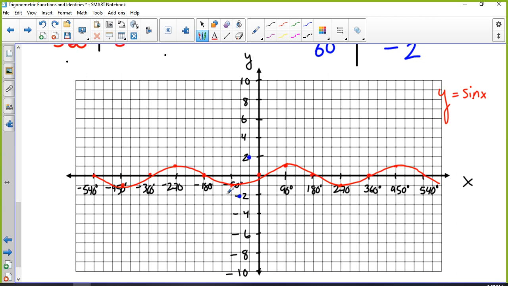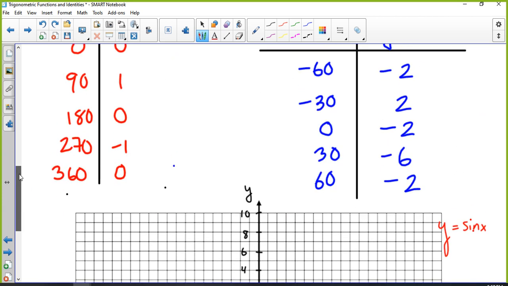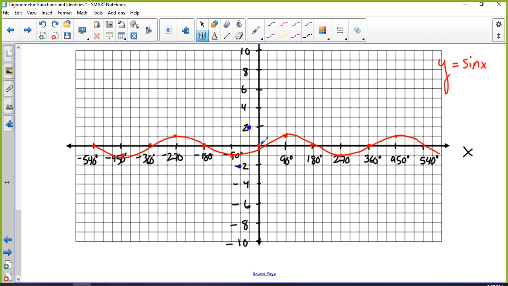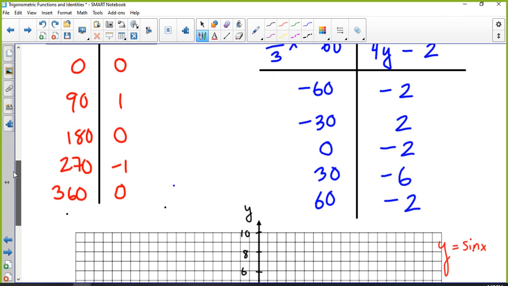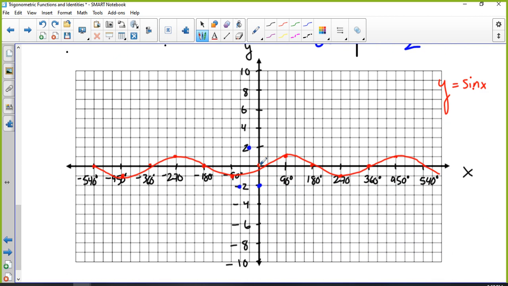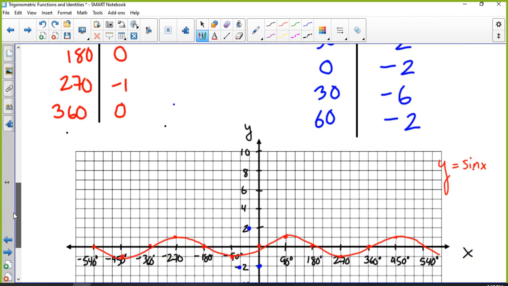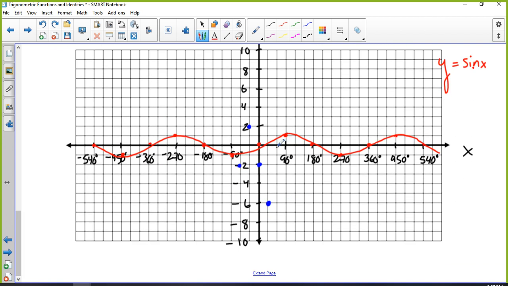Negative 30 and positive 2 is right there. 0 and negative 2, that's this point. 30 and negative 6. So 30 degrees and negative 6 way down there. And then finally 60 and negative 2. So 60 degrees and negative 2. That's right here.